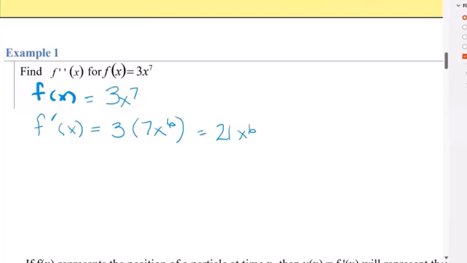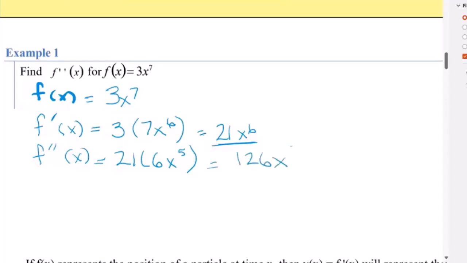That's my first derivative. My second derivative, I take the derivative of this. That's going to equal 21 times 6x to the 6 minus 1, which is 5. This is equal to 126x to the 5th.